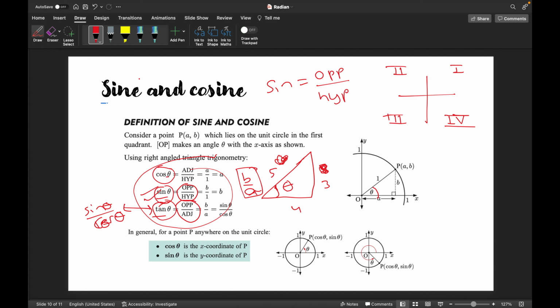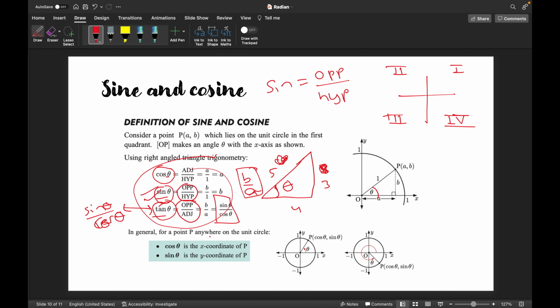So let's repeat that. Sine is opposite by hypotenuse. Cos theta is adjacent by hypotenuse. Tan theta is opposite by adjacent, which is also sine theta by cos theta. And now let's look at this.